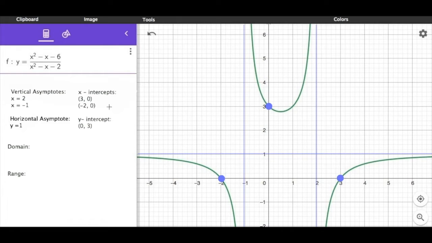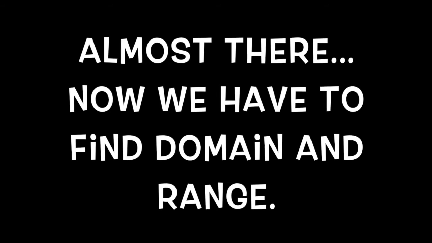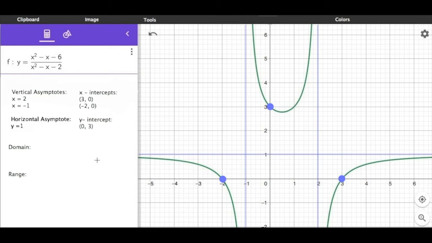And now that we saw that our graph was correct, we can get the domain and the range. For the domain and the range, we need to analyze the graph to see where it starts and where it ends. For the domain, we use the x-axis, and in this case, it doesn't have a certain point to start, neither to end. So we can infer that it continues.